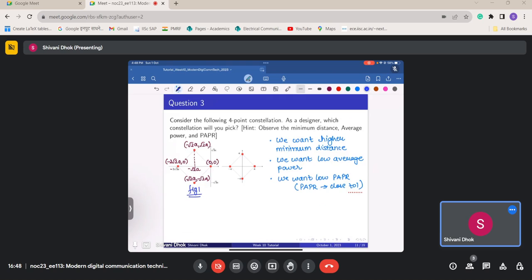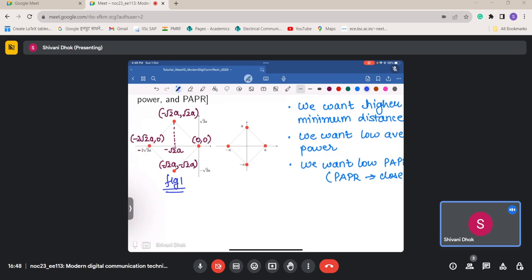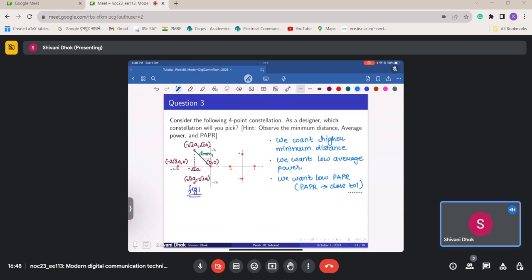Okay. So now the minimum distance will be between these 2 points. These are the closest. So this is d min 1, let's say. d min 1 is basically the distance between these 2 points, or let's say d min square.